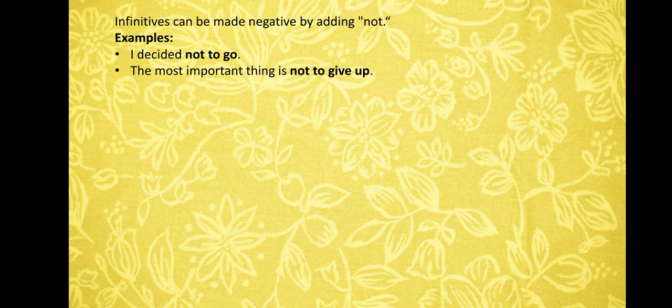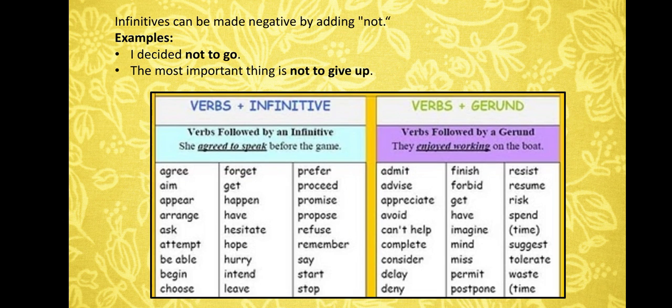Infinitives can be negative even by adding not. I decided not to go. The most important thing is not to give up. See, here are some verbs along with infinitive, and here are some verbs in another column with gerund. So, agree: she agreed to speak before the game.